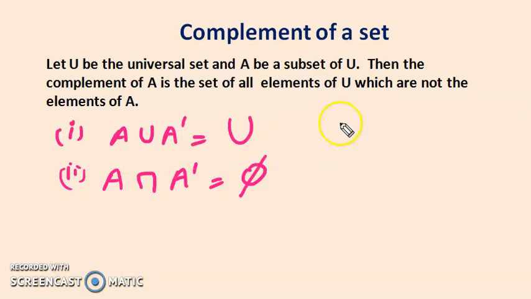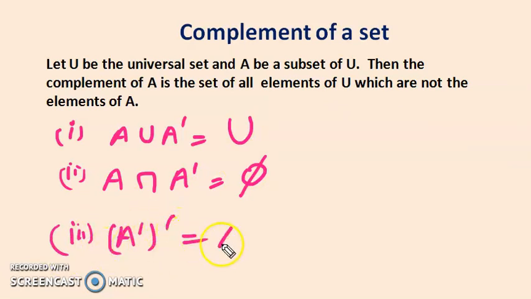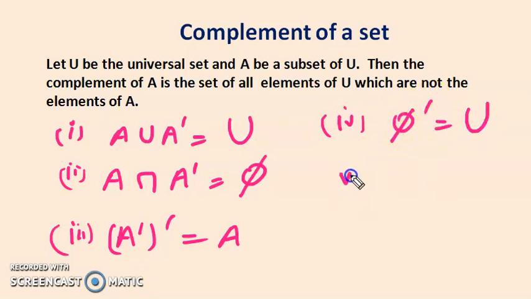Third property: the complement of the complement of A leads to A itself. Then the empty set complement leads to the universal set, and the universal set complement leads to the empty set.